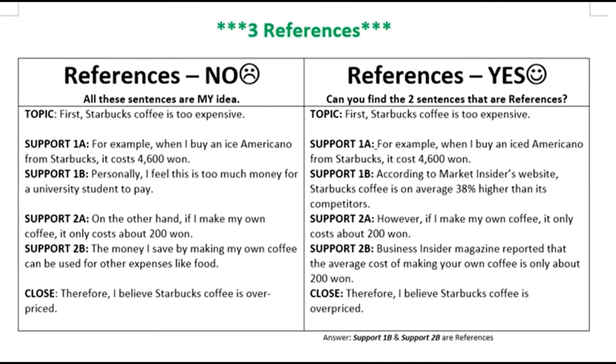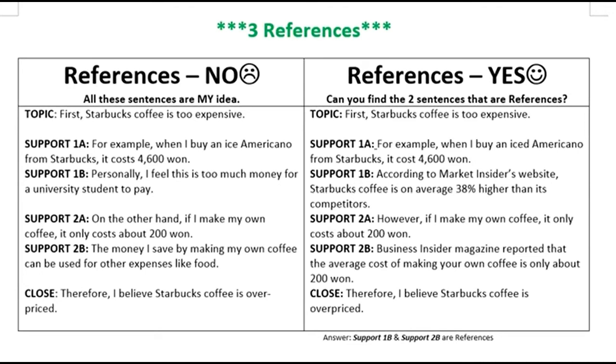Did you find them? Okay, well, let's check it together. Okay, our topic again. First, Starbucks coffee is too expensive. Support 1A. For example, when I buy an iced Americano from Starbucks, it costs 4,601.